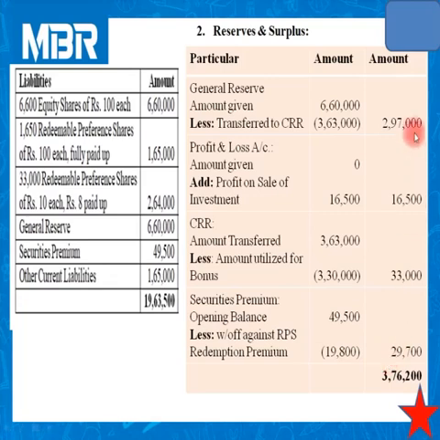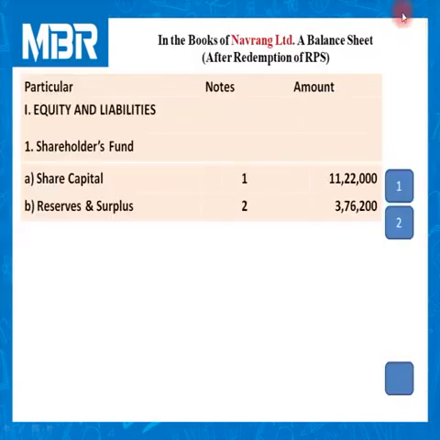In this way, we have general reserve of 2,97,000, profit and loss account of 16,500, CRR of 33,000, and securities premium of 29,700. So the balance of reserves and surplus account is 3,76,200. Let us move towards the balance sheet. 3,76,200.